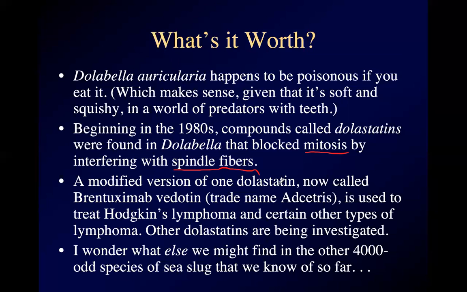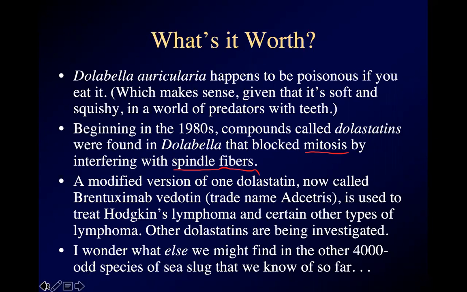That's only one dolastatin. There's actually others that are being investigated. And there's about 4,000 other species of sea slug that we know of so far. And it might be interesting to look at what they have in their tissues. Maybe we could find more medications, better ones, safer ones, ones for treating other types of cancer.